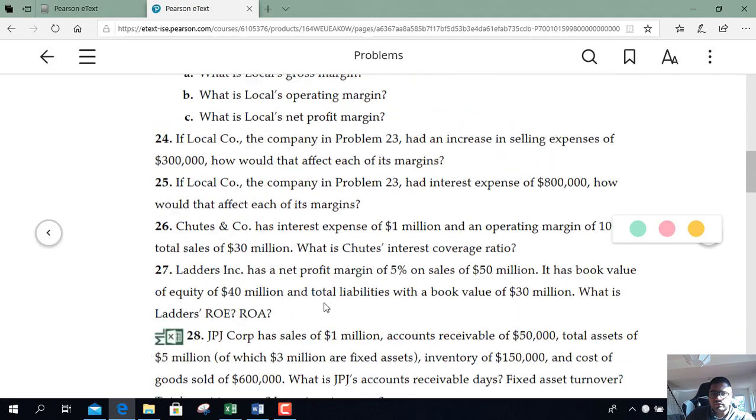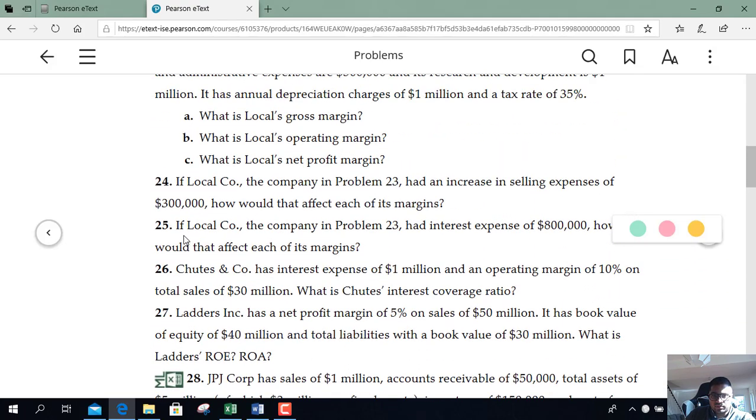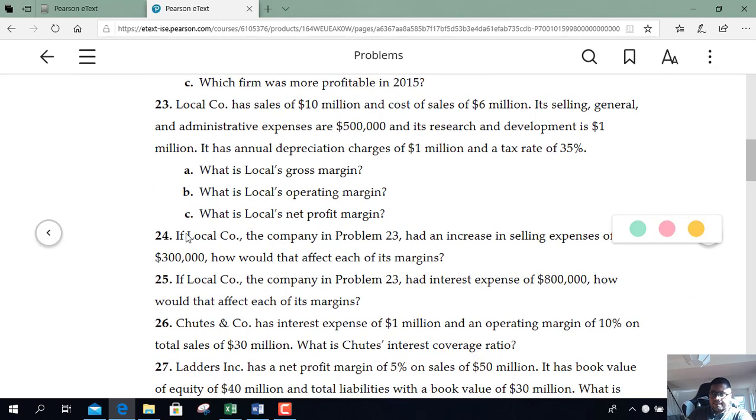Okay. Next one is 24. The 24th problem is dependent on 23, so let's read 23 and then solve, because gross profit, operating profit, net profit we already saw.